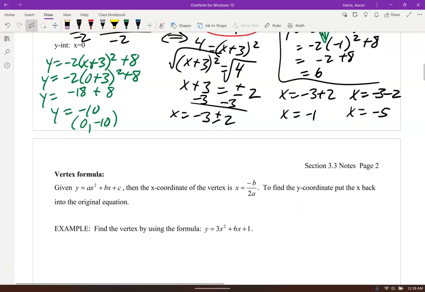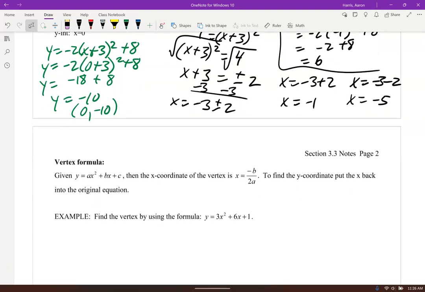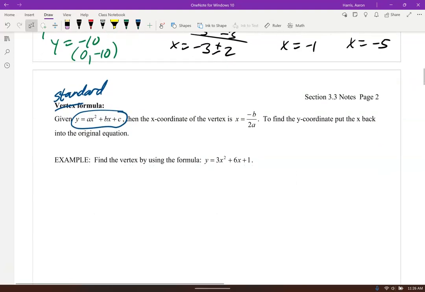Well, if you have your standard form, this is our standard form, y equals ax squared plus bx plus c, I think it's worth seeing how you get to this.